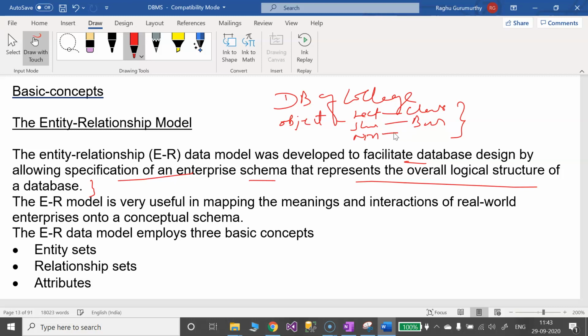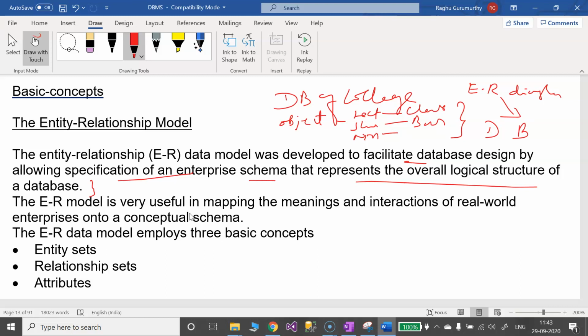What kind of relationship? And later we can transfer the ER diagram into our database. That's why they are telling that the ER model was developed to facilitate database design, by allowing specification of an enterprise schema that represents the overall logical structure of the database.